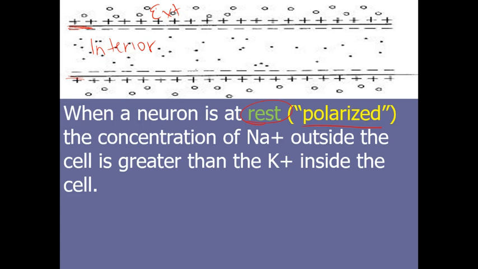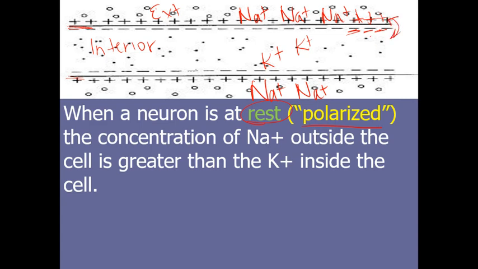So what we've done is, this is where we put a bunch of these sodium ions outside of the cell, right? And then we've pumped some potassium on the inside, but not nearly as much potassium as we do sodium, which then makes this more negative on the inside, and more positive on the outside. It's relative.